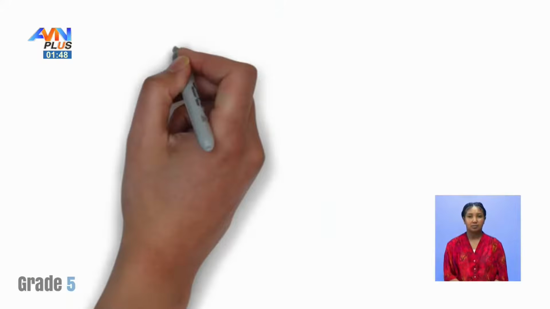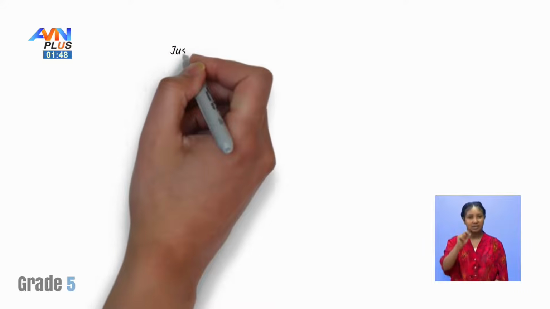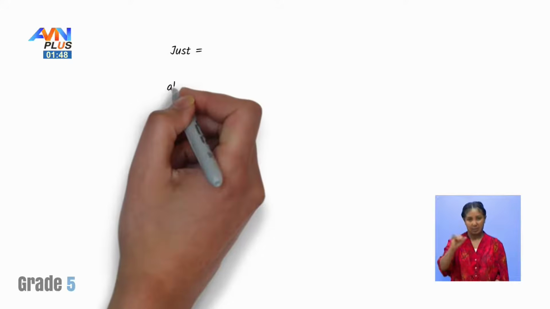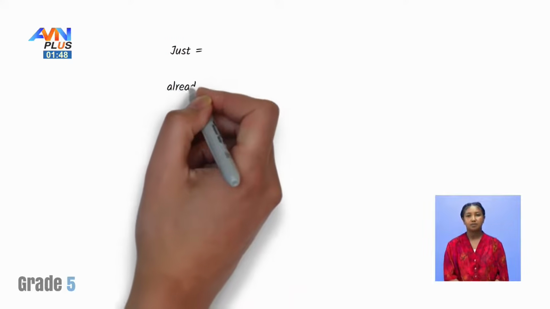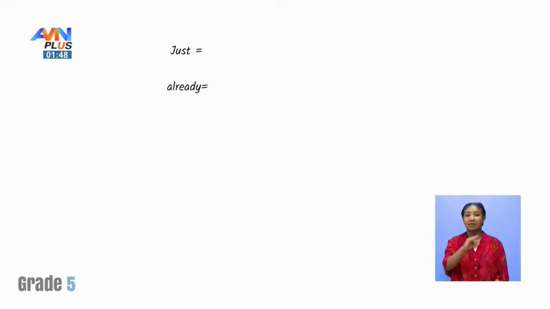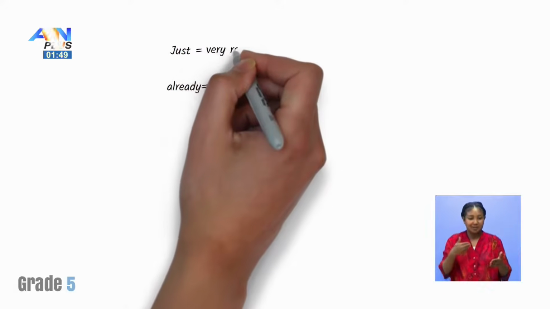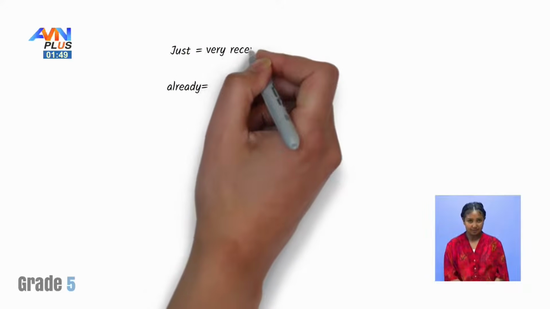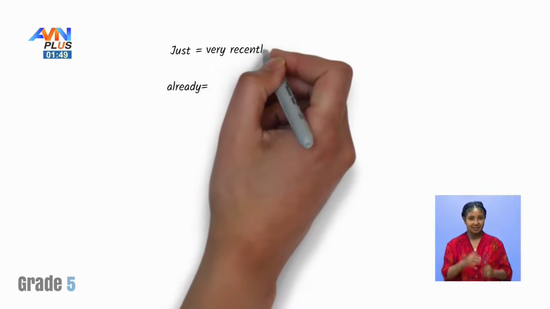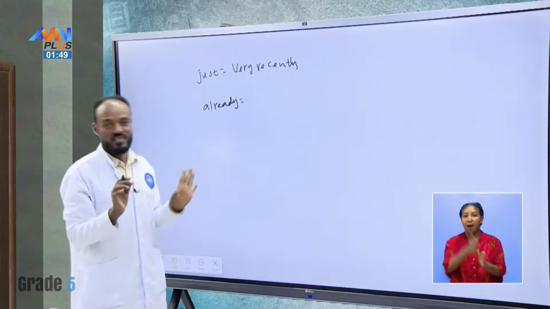Just and already. What do we say just means? Very recently. Something which happened very recently.